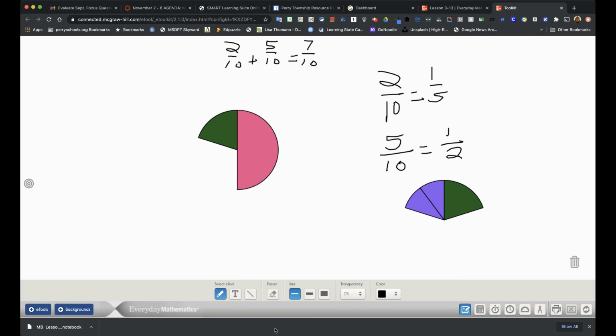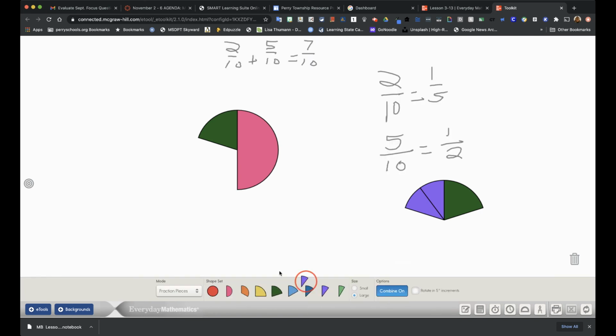So let's try that on our own here using these purples. If I go 1, 2, 3, 4, 5, that should represent the half. So if I put these 1, 2, 3, there we go, 1, 2, 3, 4, 5.